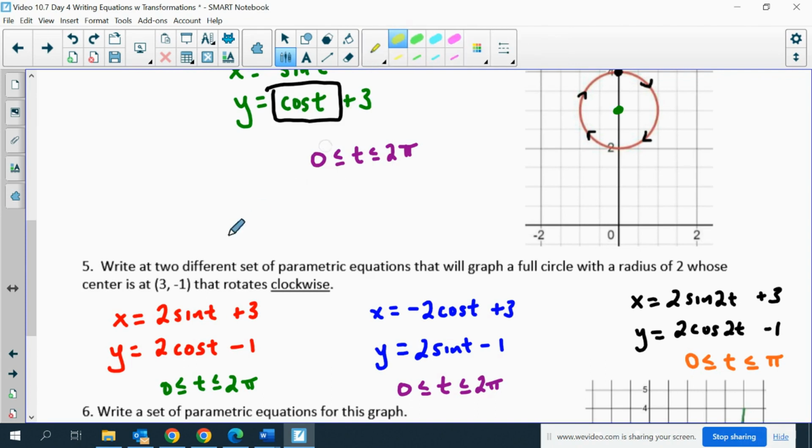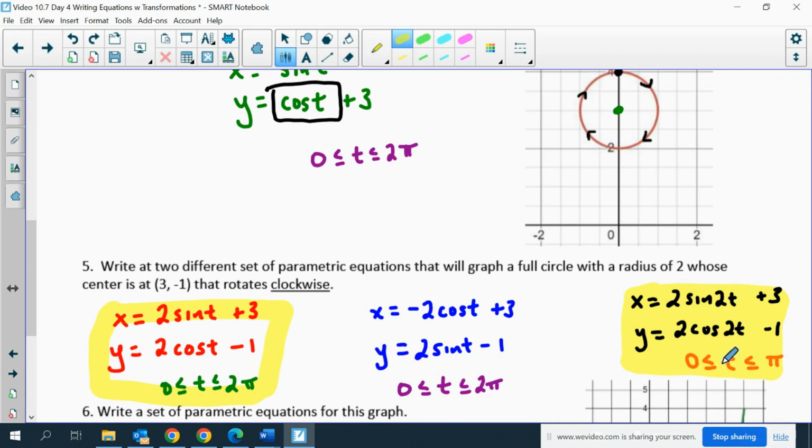Another thing that I want to talk about in this regard is if I want to go clockwise, I can actually do the exact same thing I have over here, but change the angle to be 2t. So if the angle is 2t, then everything stays the same. It just goes faster. So remember, we talked about faster and slower on the first page of this.